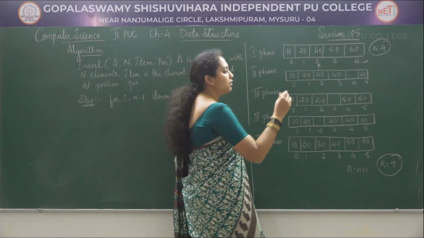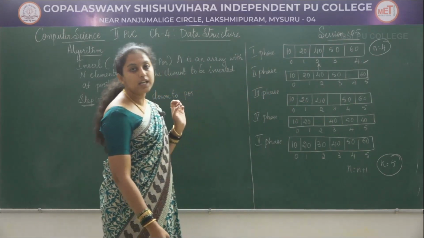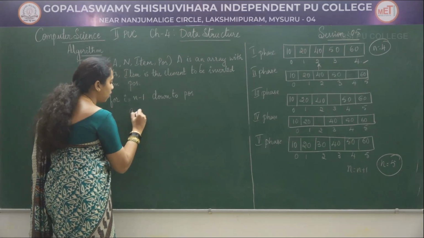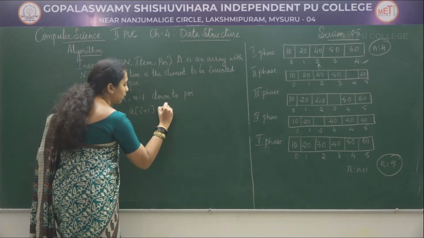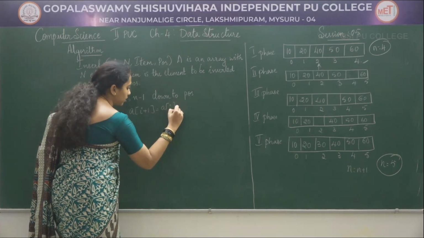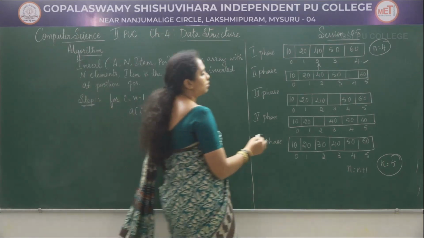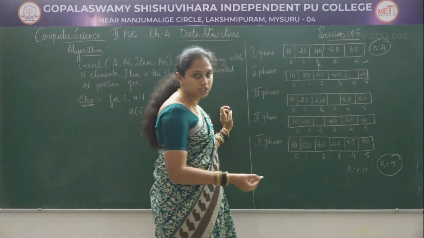What we have to do? We have to shift the elements to its next higher position. So A of I plus 1 becomes A of I. So what is this A of I plus 1? A of I plus 1 is nothing but the next higher position.